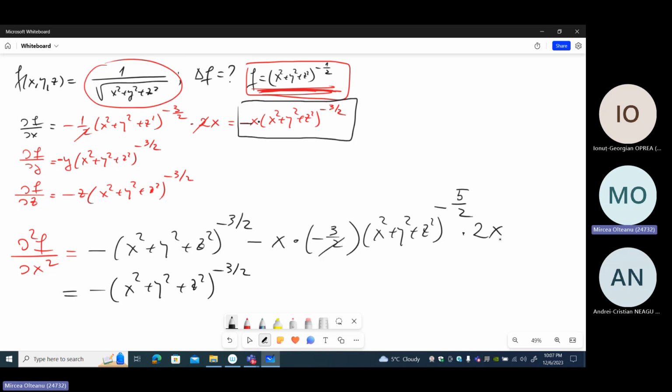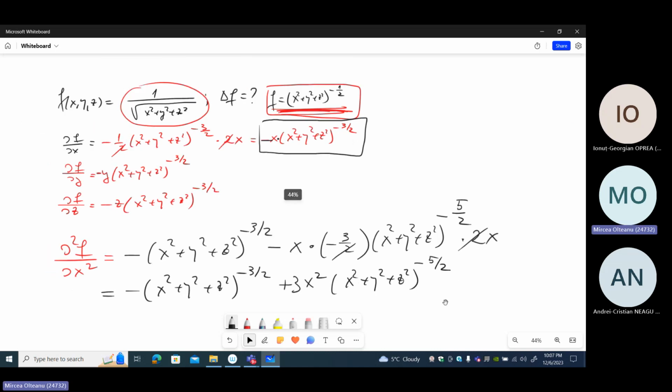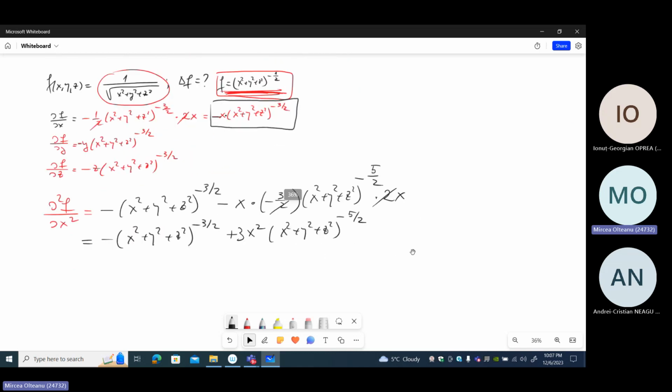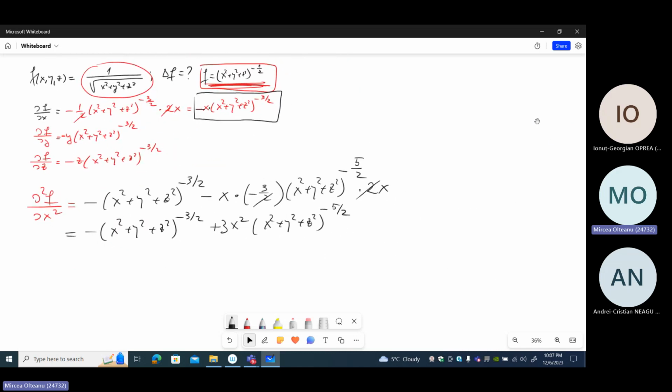Here we simplify by 2, and we get plus x times 3x squared, times (x squared plus y squared plus z squared) to the power -5/2. Please compute and check if you get the same result.